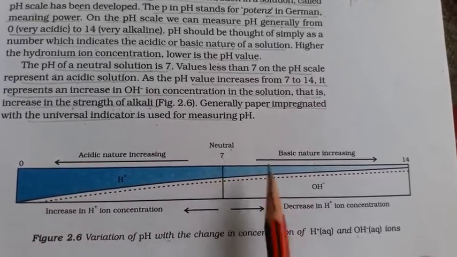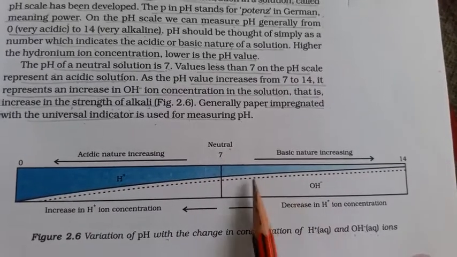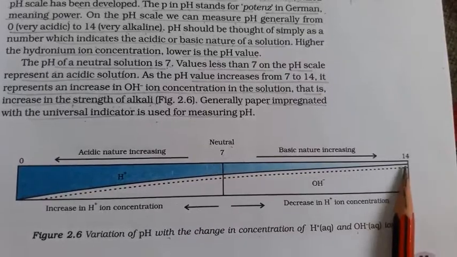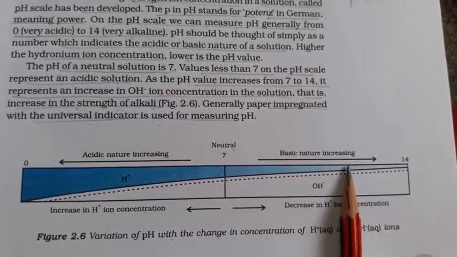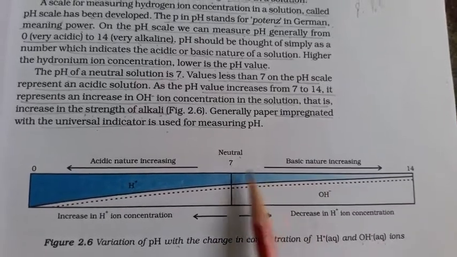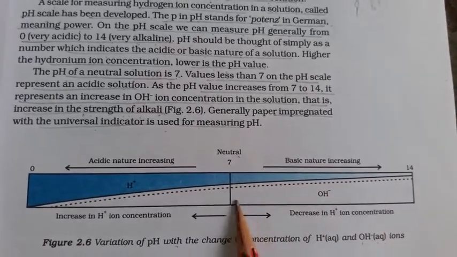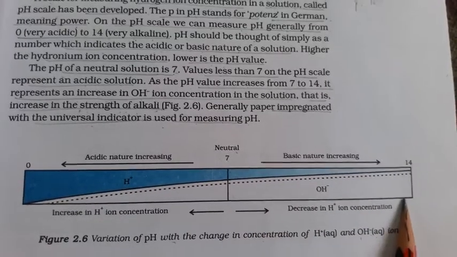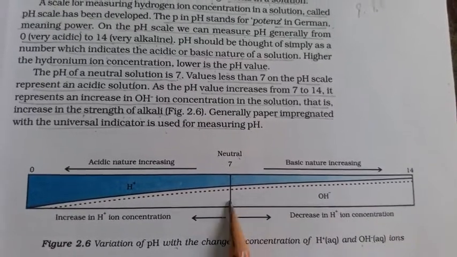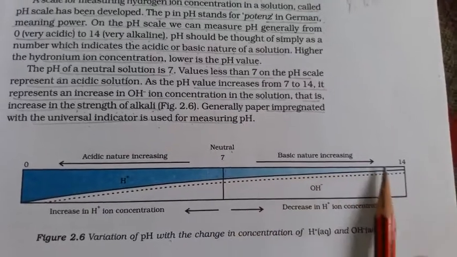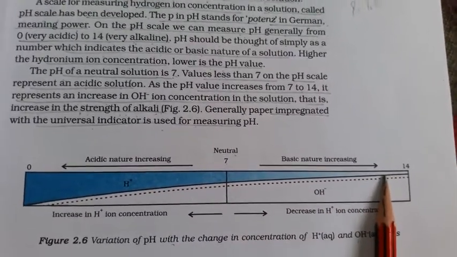Similarly, as basic strength increases, the OH negative ion concentration increases from 7 to 14, and the H positive ion concentration decreases. Suppose the value is 13, that means your solution is more basic.